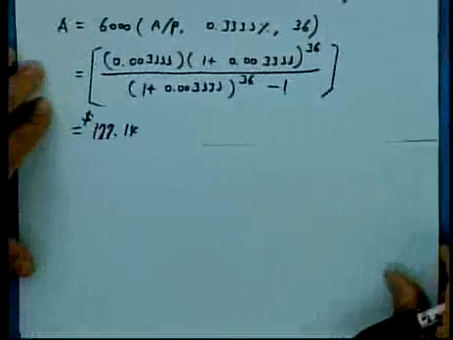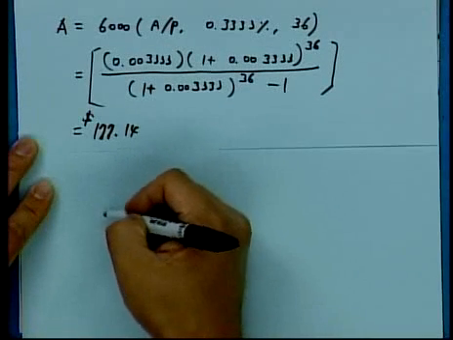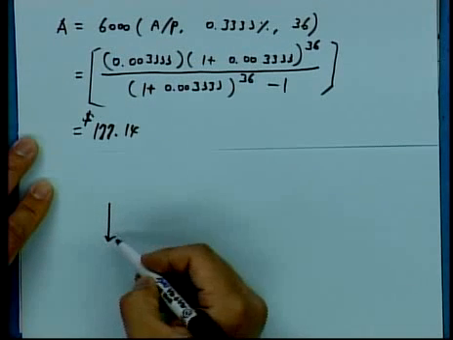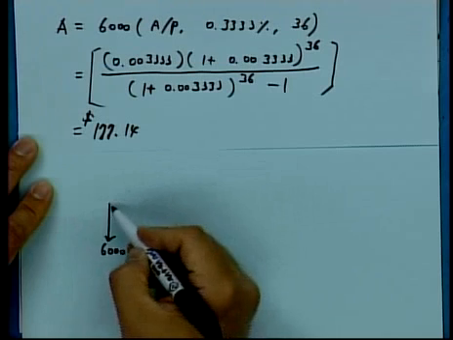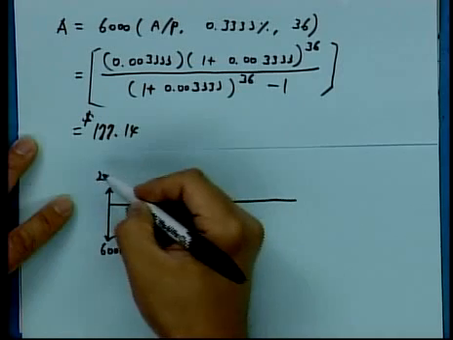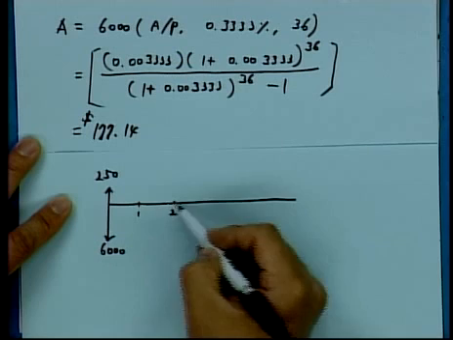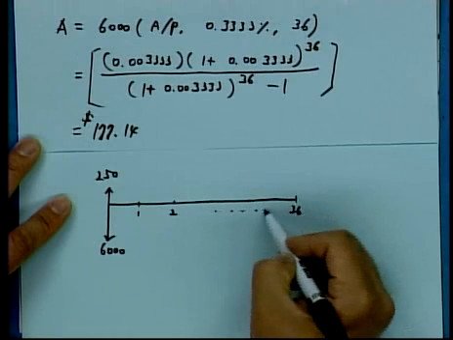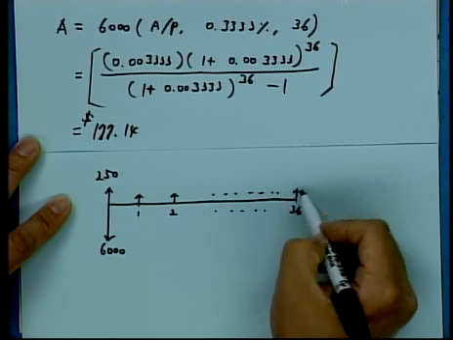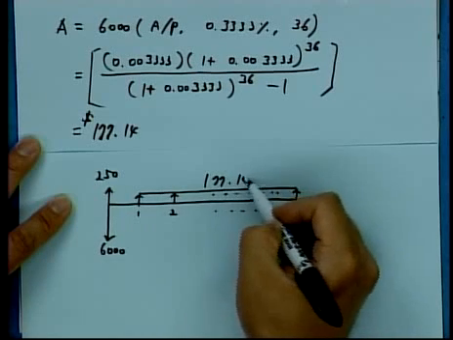So here the car price is $6,000, and you need to pay $250 right away, and for the next 36 months the monthly payment would be $177.14.